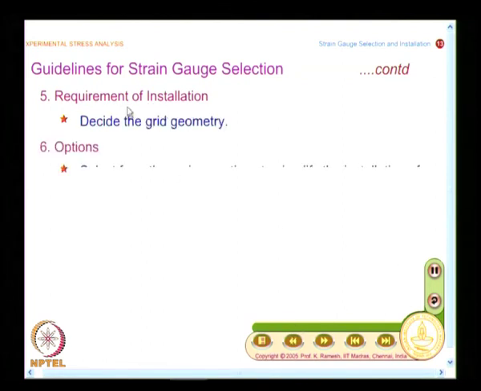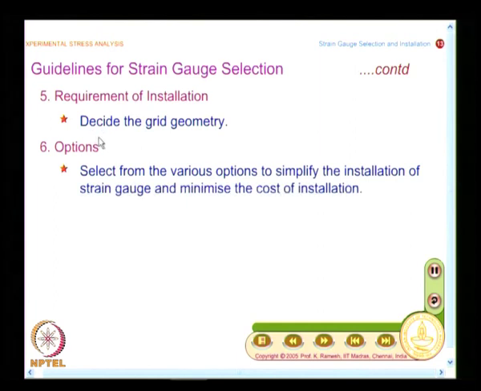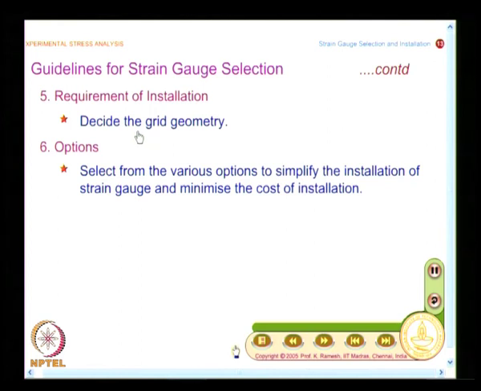See, this you may ignore. Many times you say I am not going and installing, only my technician is going to install, let him face the music of difficulties in installation. If you leave it, you do not have a confidence on the strain measurement. You will also have to look at difficulties in installation as an issue and decide the grid geometry.